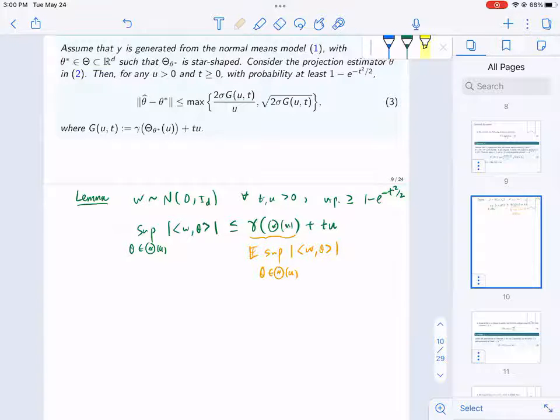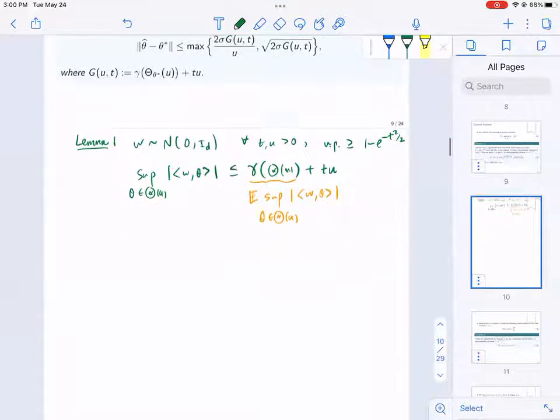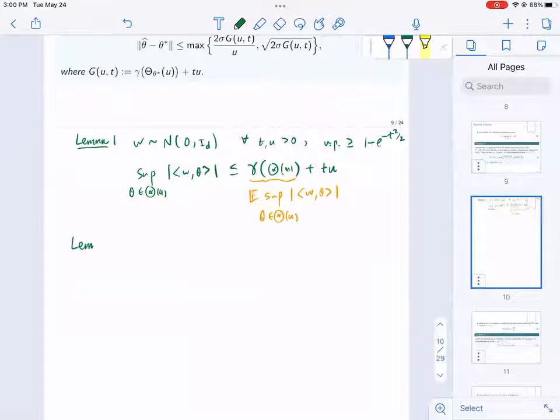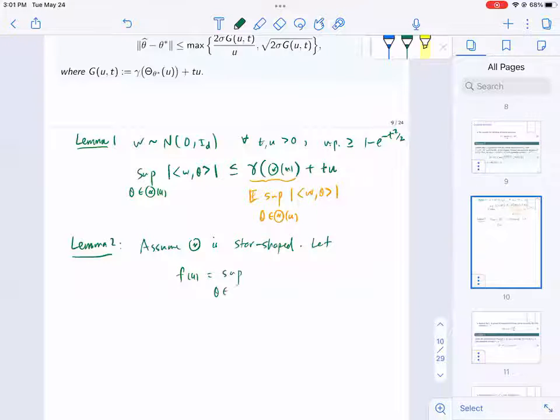Then we have lemma 2, which is a deterministic lemma. Assume theta is star-shaped, and let f u be defined over theta and theta u.